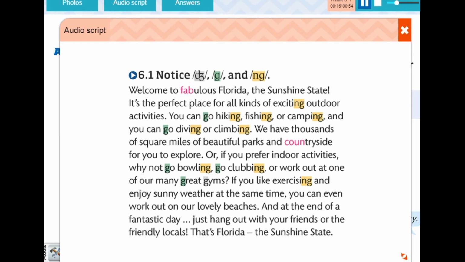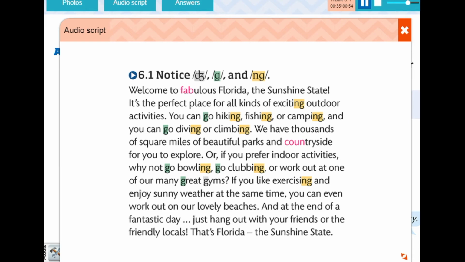Welcome to fabulous Florida, the Sunshine State. It's the perfect place for all kinds of exciting outdoor activities. You can go hiking, fishing, or camping, and you can go diving or climbing. We have thousands of square miles of beautiful parks and countryside for you to explore.